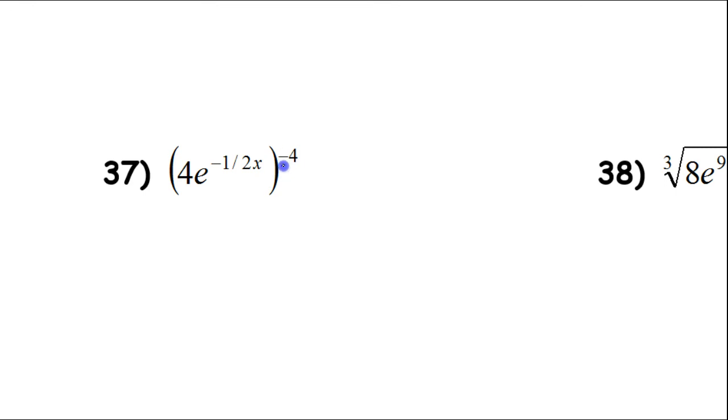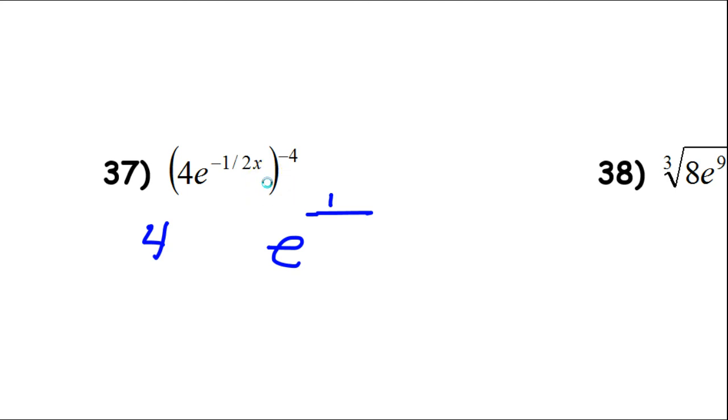so like I said, I'm trying to decide if I want to do the reciprocal, or let's do it like this. We're going to apply this exponent to each one of these things separately. So when I look at this problem, I see 4 and I see e to the negative 1 over 2x power.